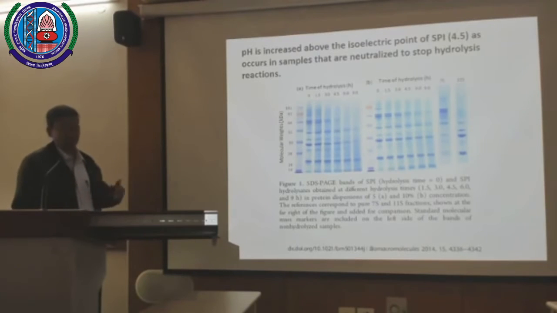So different terminology is being used. You can see at 9 hours, even though this is susceptible to proteolytic activity, the protein is still being cleaved until 9 hours. You can see the major bands have disappeared.